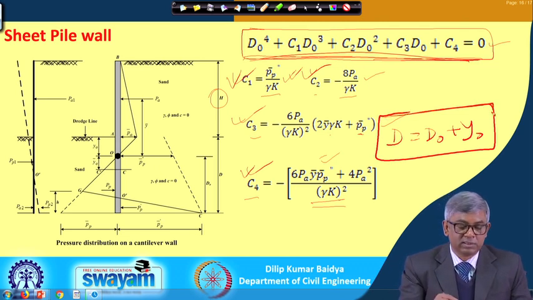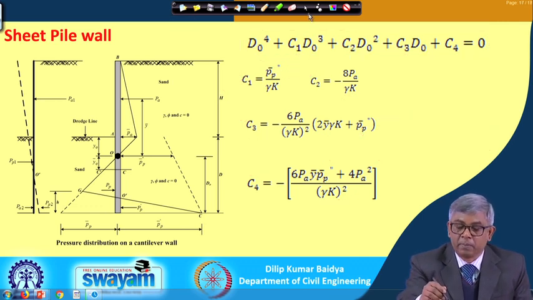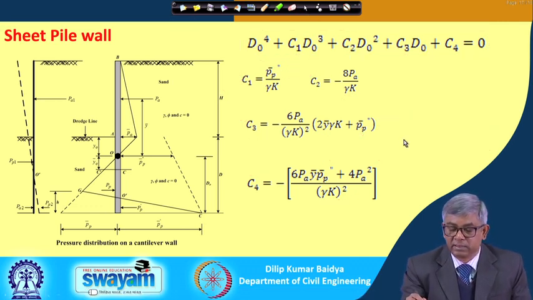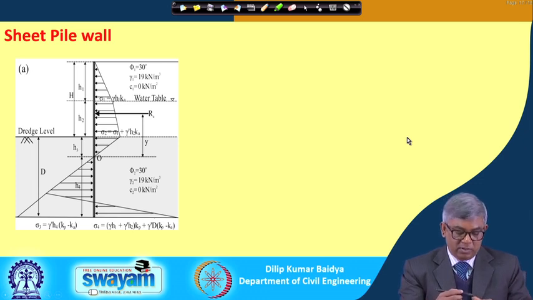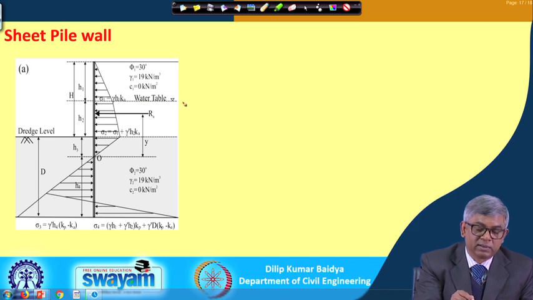So, this is the way one can find depth of embedment, and now I will go to the next slide. You can see what I have shown here. In this type of retaining wall, there will always be a water table. It will be somewhere here, or close to the surface, or at least at the dredge level, water will be there.